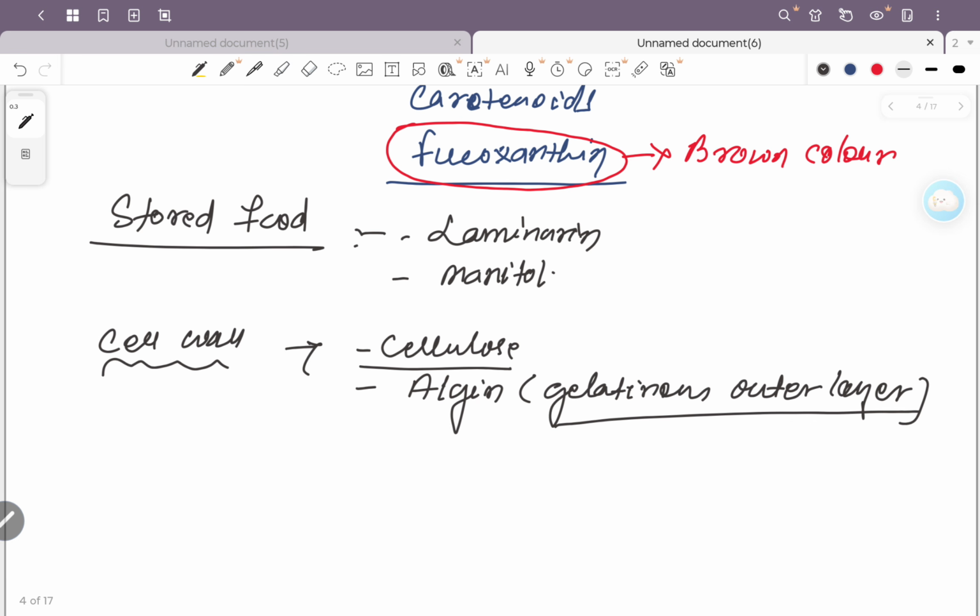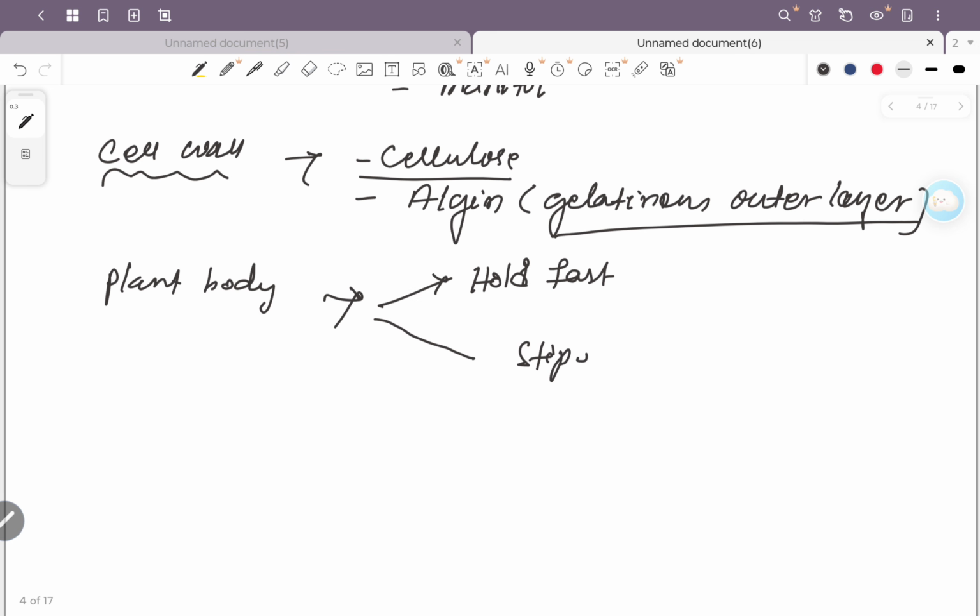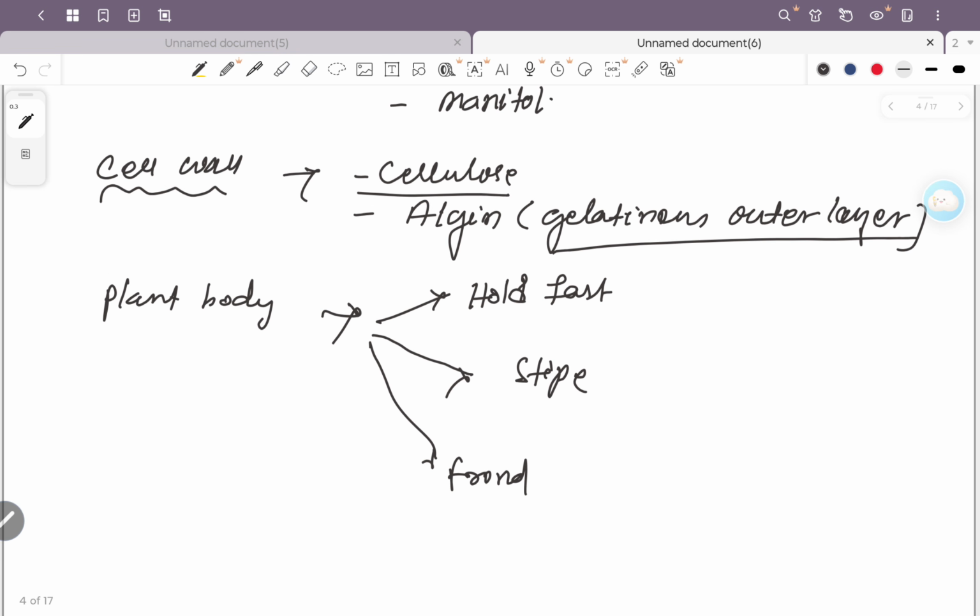Now the plant body, here is one more important thing. The plant body has three parts: holdfast, then stipe, and frond. So what is the holdfast? These are structures similar to the root which anchor the algae to the rocks.